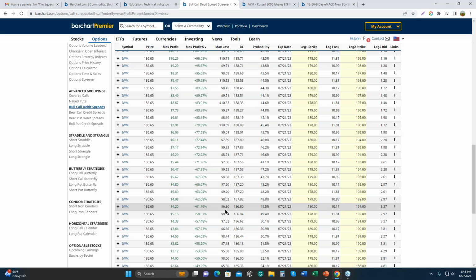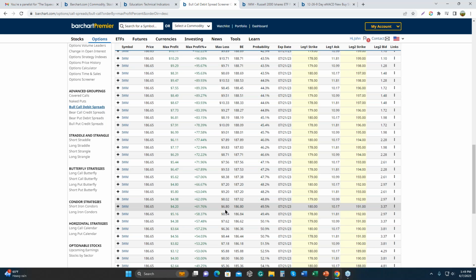But remember, we're going to use that risk management tool, that delta tool. Now, an at the money call spread will probably have a net delta of around 35. So we would not be risking the whole $6.80. Once price got below that exit point that we demonstrated before for the 70 delta call, we'd be out of the trade.